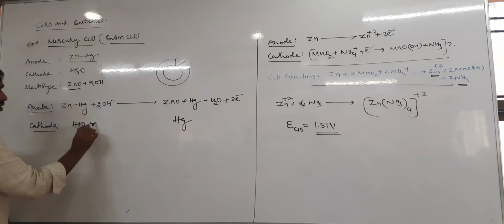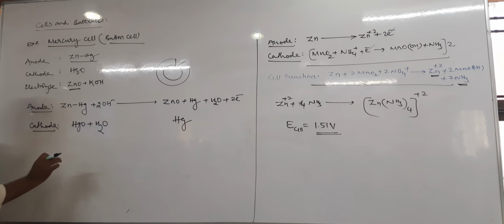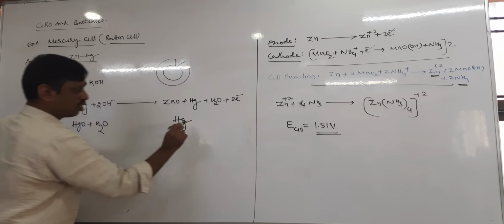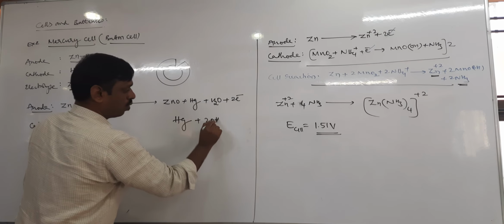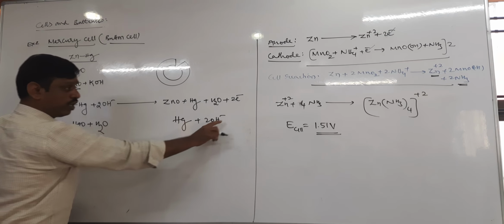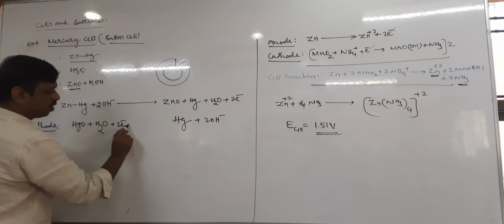To gain electrons, the water liberated at the anode reacts here, giving 2 OH minus, with 2 electrons.